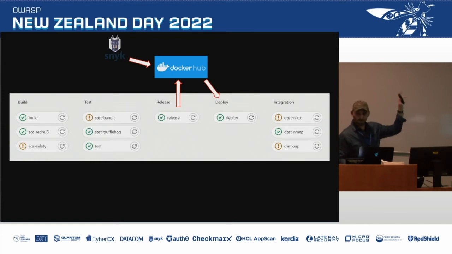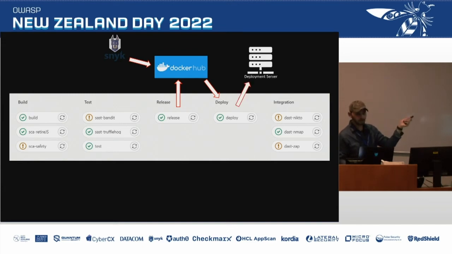And then I'm pulling that Docker image down and deploying that Docker image to that deployment server that I showed to you. And once that container is deployed on my deployment server, it's going to give an IP address that anybody can reach out to, right?